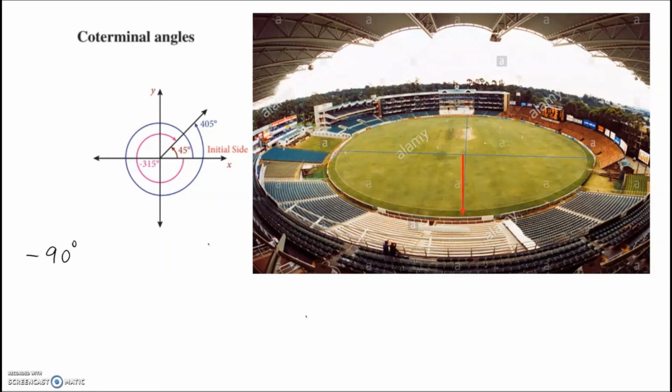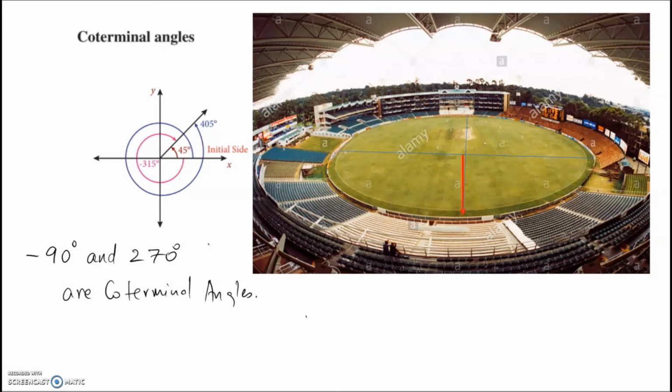Now you know this particular angle in the anti-clockwise direction, from the positive side, is 270 degrees. So minus 90 degrees is equal to 270 degrees. Minus 90 and 270 are coterminal angles.